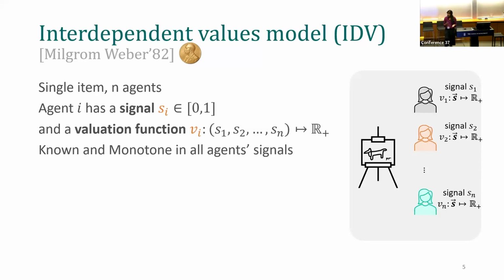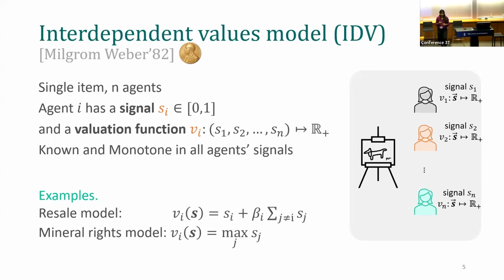So this can be whether the painting is a Picasso or not, or their information about the item, or even how much they personally like the item, right? And the agent also has a valuation function, Vi, that aggregates the signals of all the agents to a value for the item. So Vi of S1 through Sn is the value of agent i. We can think of the valuation functions as known and being monotone in all agents' signals.